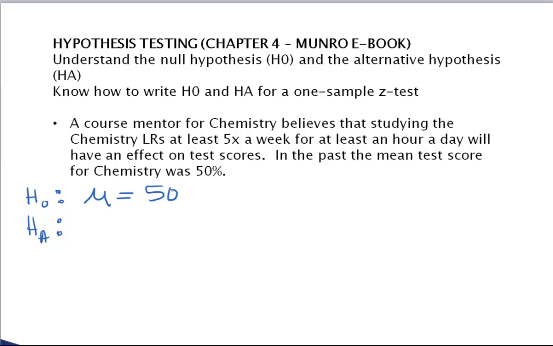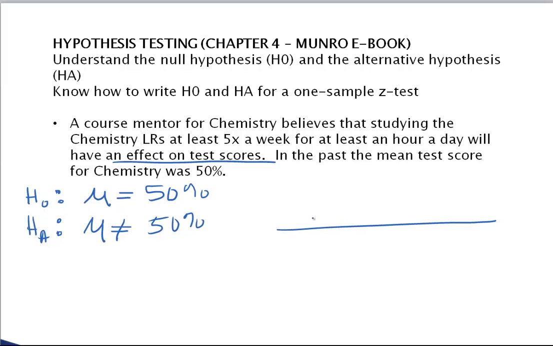The mean score would be 50%. And then the alternative, this just says it will have an effect. That means it will be significantly different than the 50%. So then we would look at both tails.